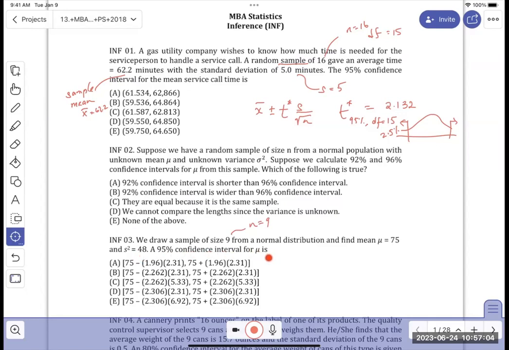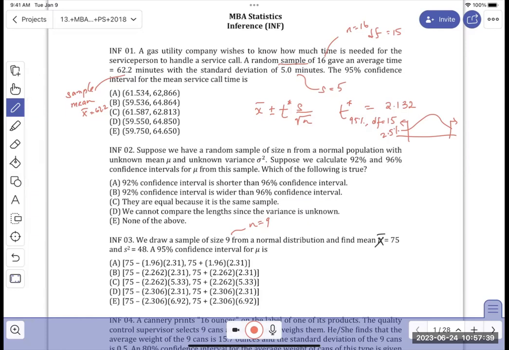So the confidence interval for mu is... I don't think this is supposed to be mu. This should be X bar, no? Very bad. That's a typo. Never noticed before. This should be X bar. So that can be confusing.